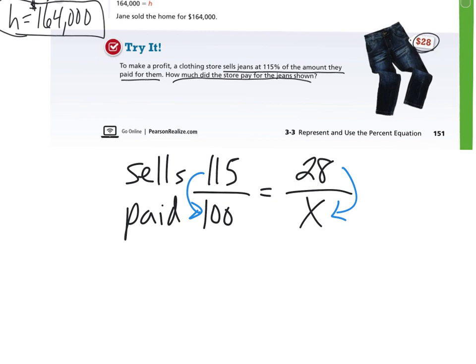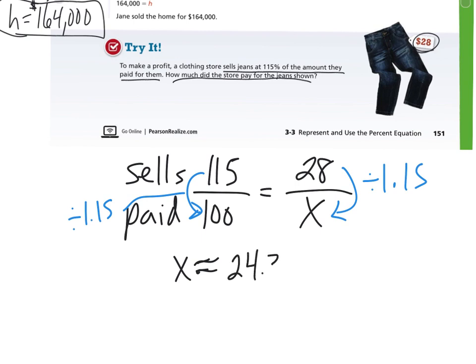To get from 115 to 100, that would be dividing by 1.15. So 28 divided by 1.15 doesn't come out exactly, but it would be about $24.35. It should come out like 24.34782609, but we'll just round that off to $24.35.